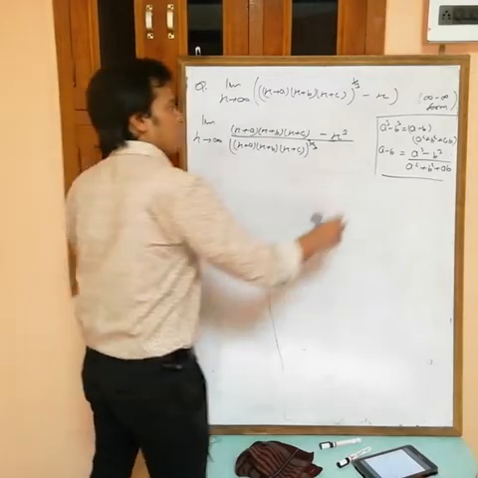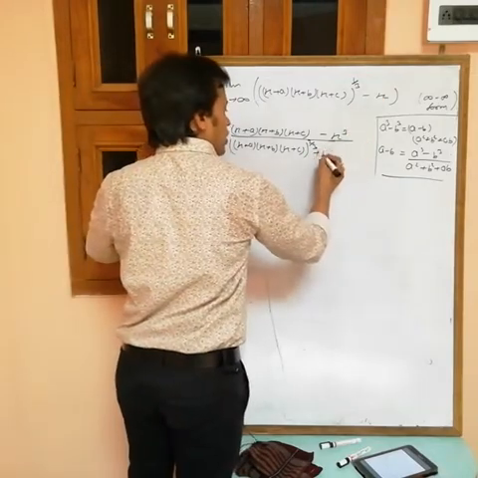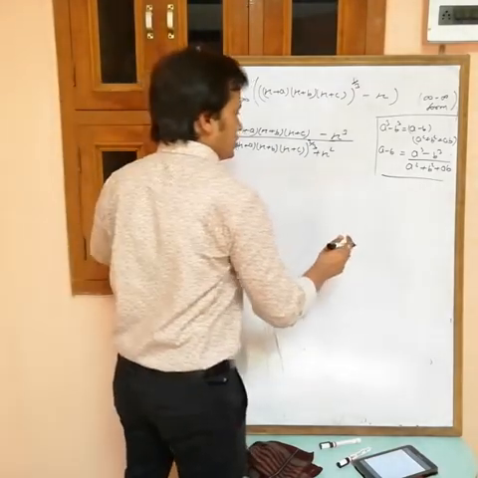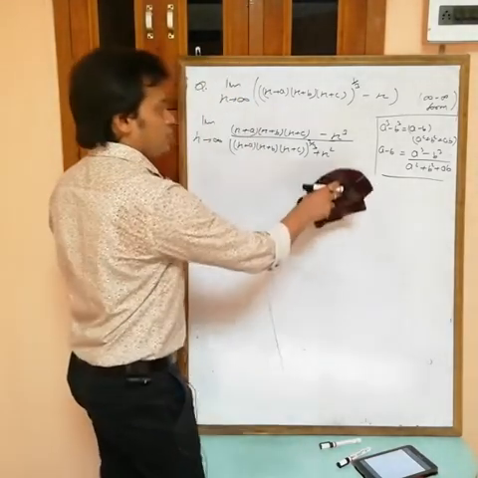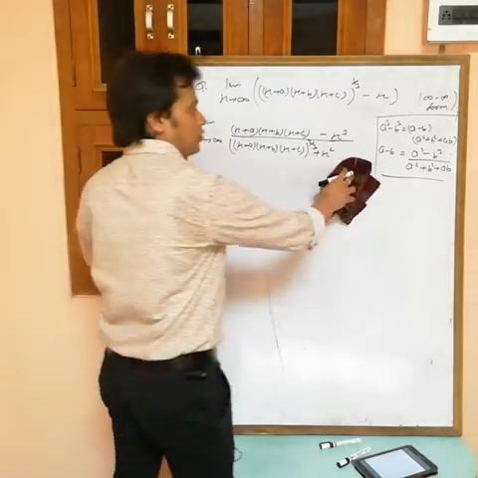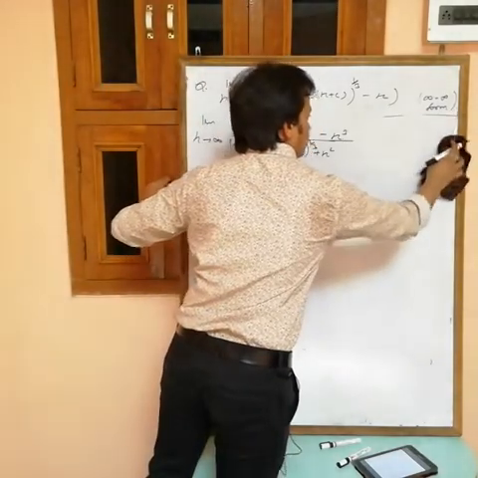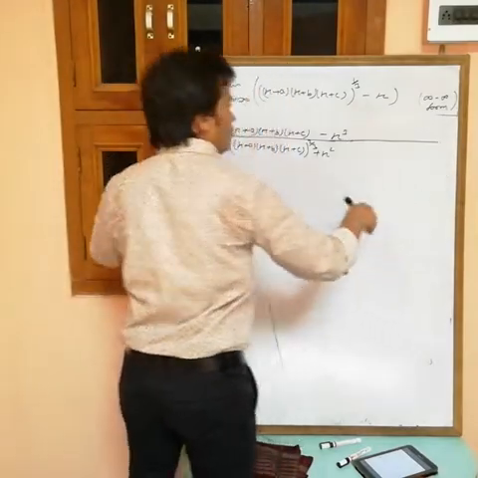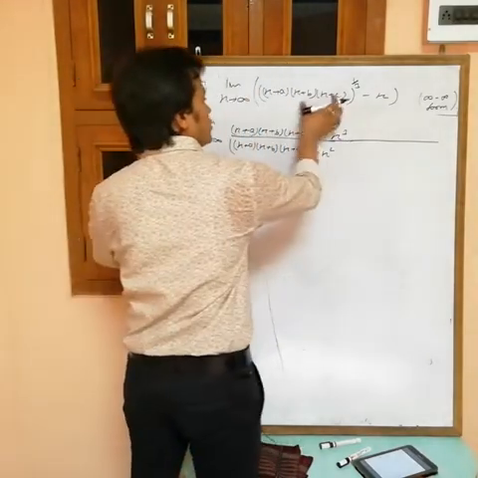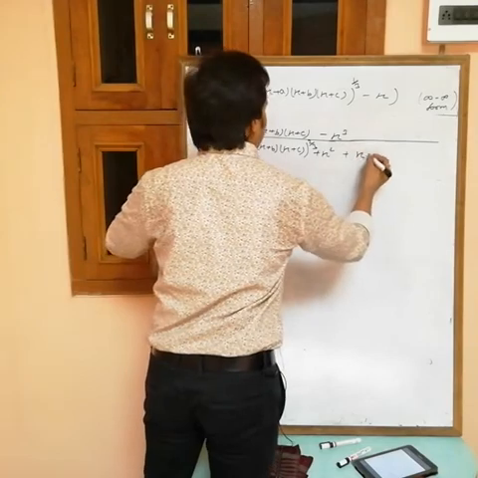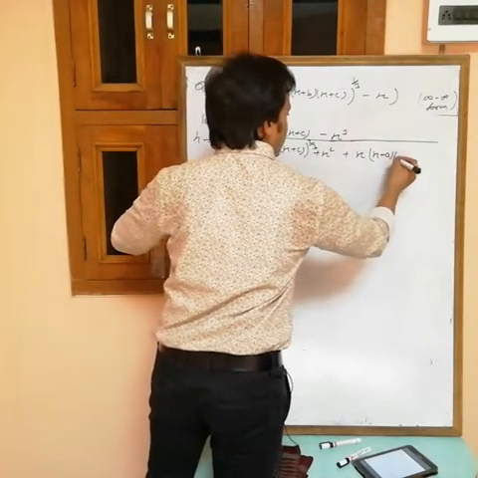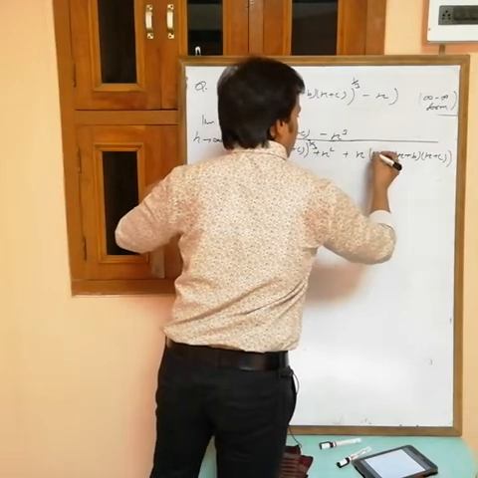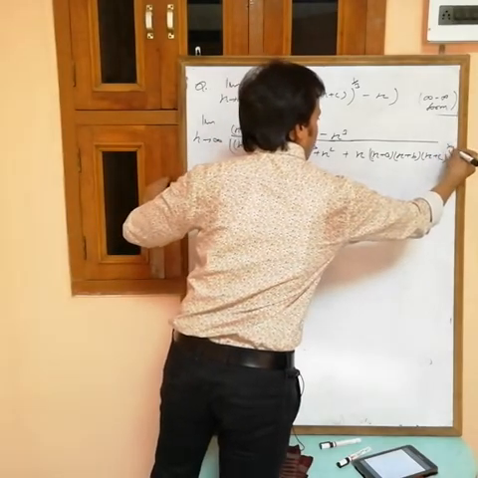Plus b square is x square, and plus ab. AB is this one into this one: x into x plus a, x plus b, x plus c whole power 1 by 3.